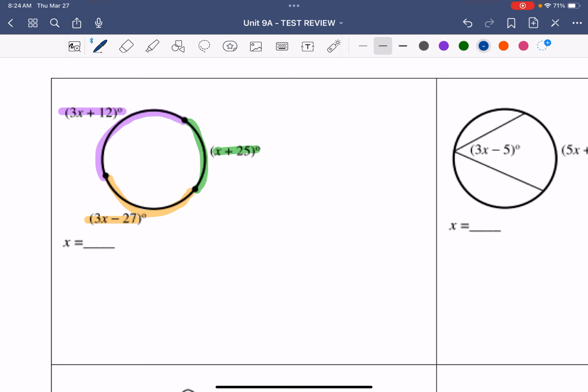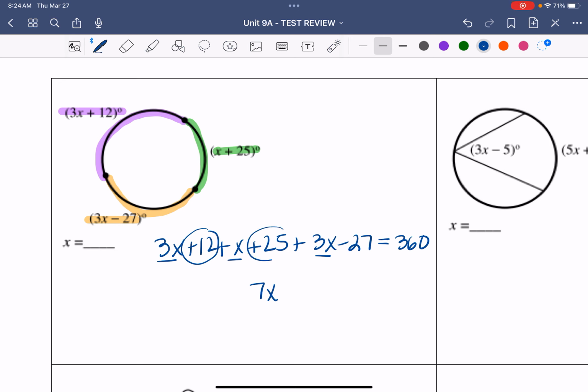That means that when I add them up, so all three of them, 3x plus 12 plus x plus 25 plus 3x minus 27, it needs to equal 360. So I'm going to combine all the x's, so that makes 7x, and then combine all the ones that don't have an x, so that's 12 plus 25 minus 27 gives me 10.